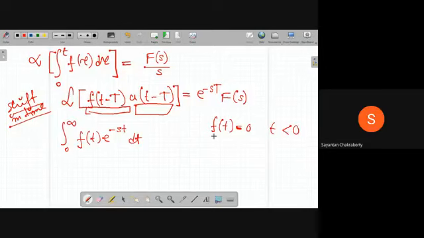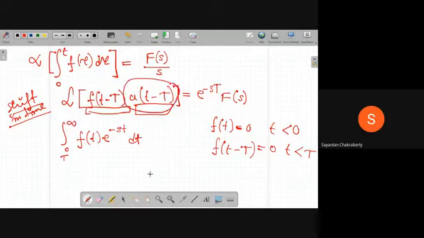So obviously then, if you have this f(t minus capital T), that is shifted in time domain, so it should be 0 for t less than capital T. To ensure that, this limit should also be changed to capital T to infinity, and that can be ensured by multiplying this by the unit step function.